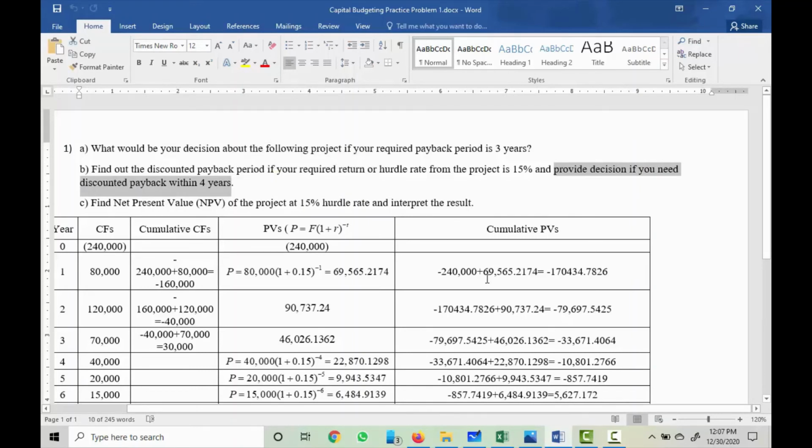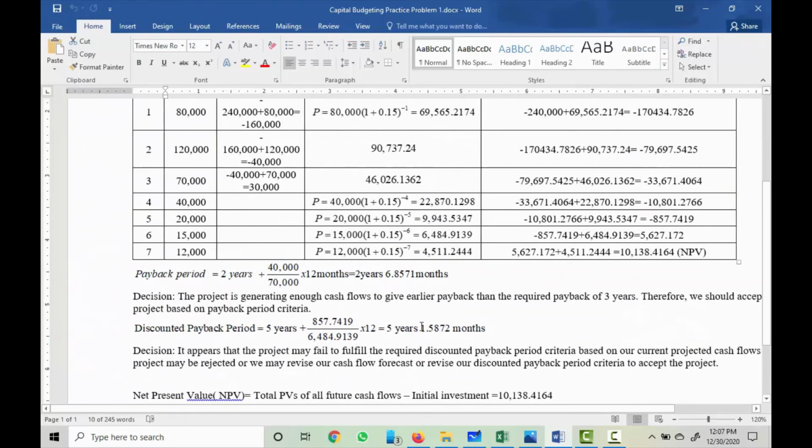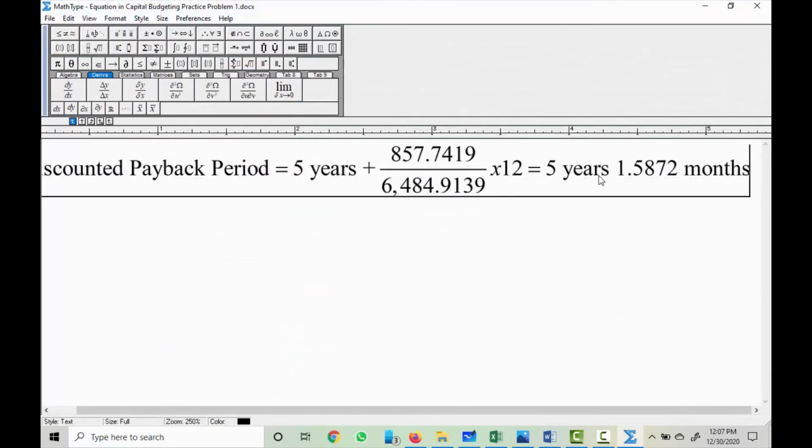So the required criterion is discounted payback within 4 years. But the discounted payback we got is 5 years 1.5872 months, which is more than 4 years. So we are not getting the discounted payback within 4 years.